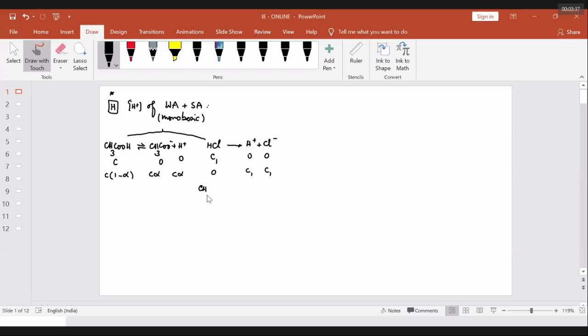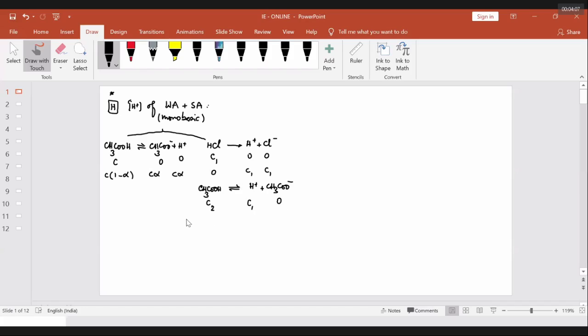Now I am taking acetic acid, CH3COOH. Listen carefully, try to understand the influence. We have H plus ion concentration and CH3COO minus. This is C2. What is C2? The concentration of weak acid. The H plus is C1 because it is already available in the container, and this is 0.